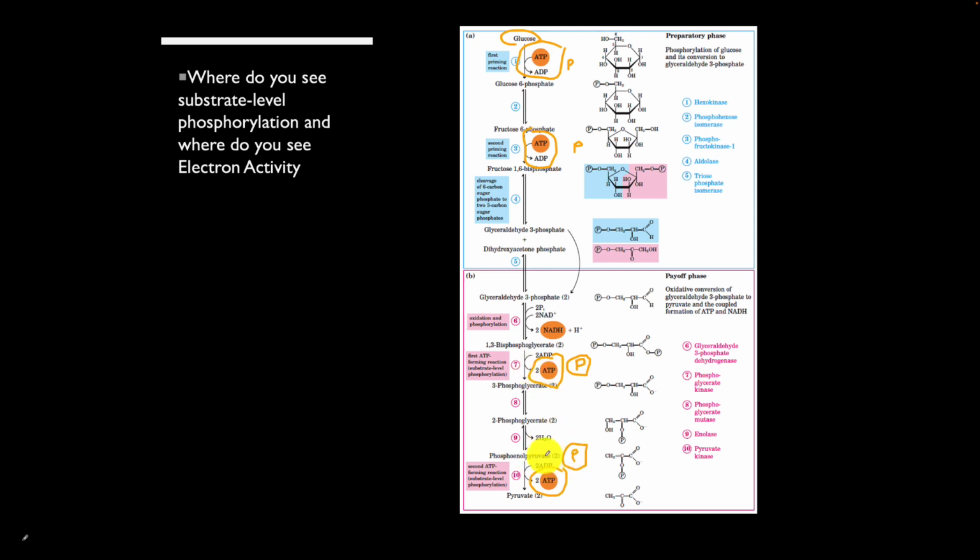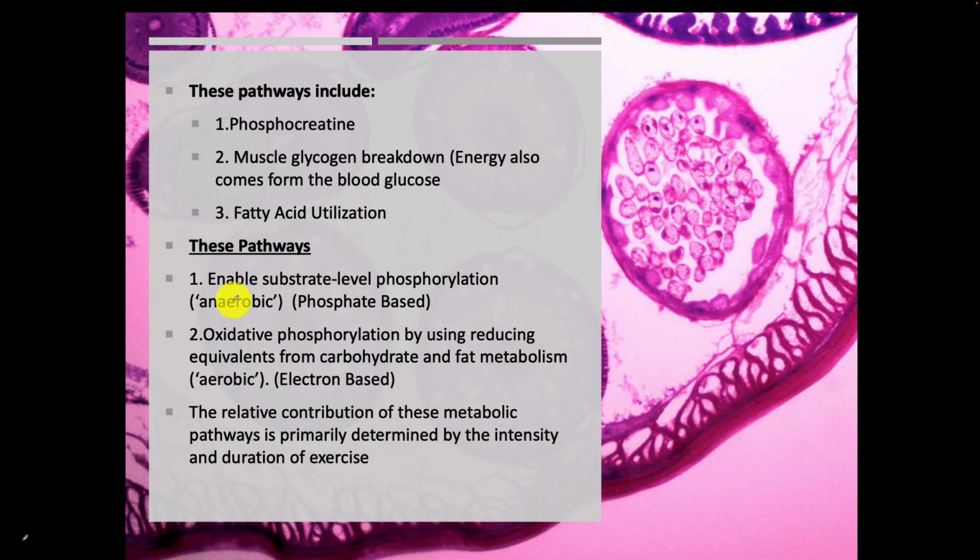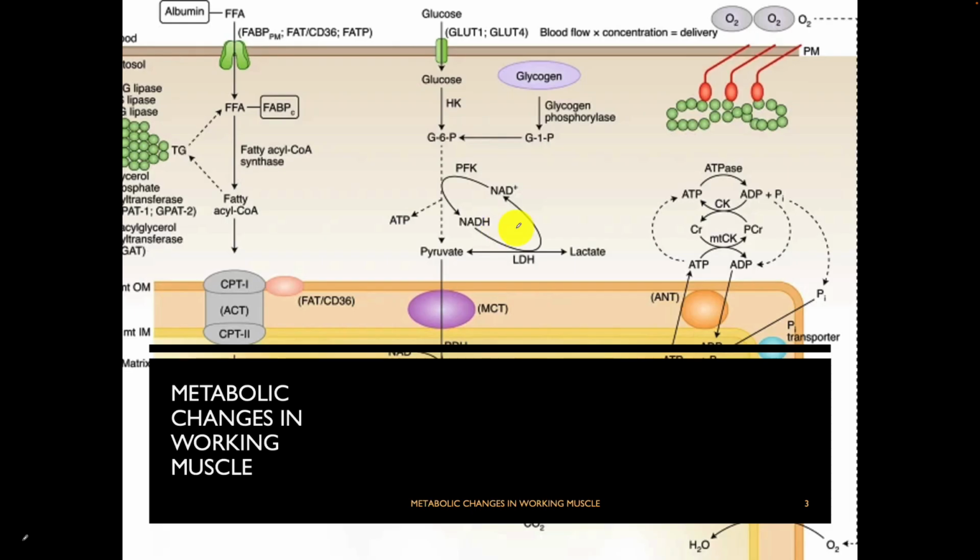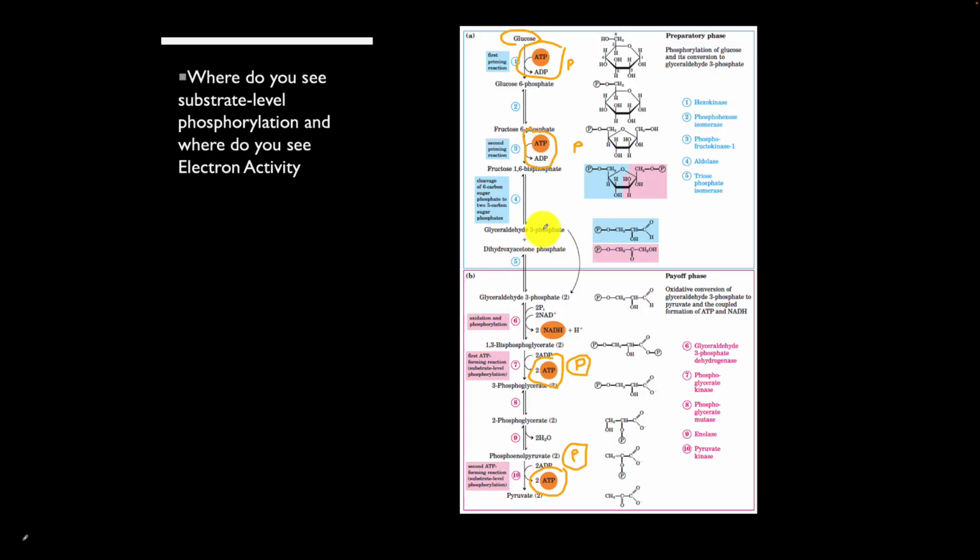So you can see the ADP right here, and a phosphate is being put back on. So if we go back and we look at this substrate level phosphorylation, right? It's happening in anaerobic glycolysis, and this is phosphate based. So we know that in this pathway, if we are using glucose, we are creating ATP anaerobically at a substrate level, right?